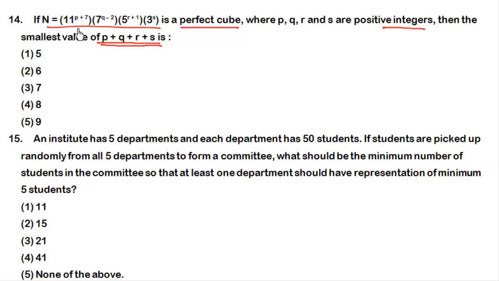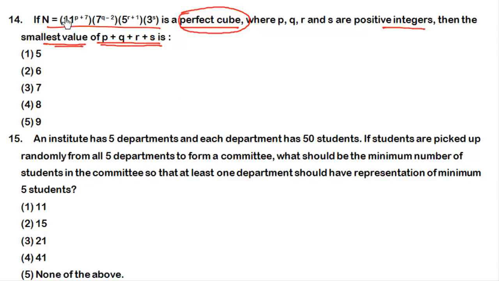Now here all these numbers 11, 7, 5 and 3 are prime factors. So if a number is a perfect cube, that means the exponent of every prime factor should also be a multiple of 3. So for 11 to the power p plus 7, we need to find the smallest value. So we have to get the least possible values of p, q, r and s respectively, right?